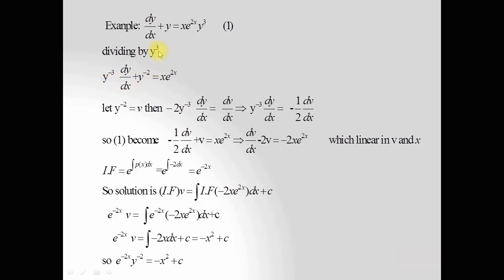We have a new differential equation, and then use a suitable substitution to convert this new differential equation into a linear equation. In the linear equation, the dependent variable will be v if we use the supposition y power minus 2 is equal to v.